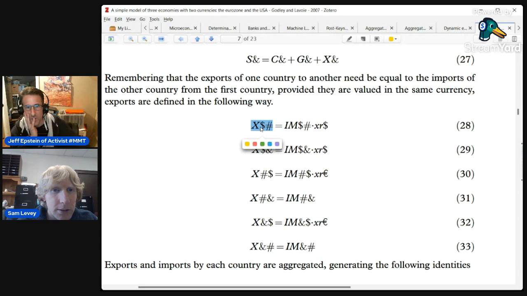So the imports is the US saying how many hashtag products have been imported into my country, obviously filtered through an exchange rate. The exporting is speaking from the other country. So the hashtag country has, I, the hashtag country, have exported that much to the United States.